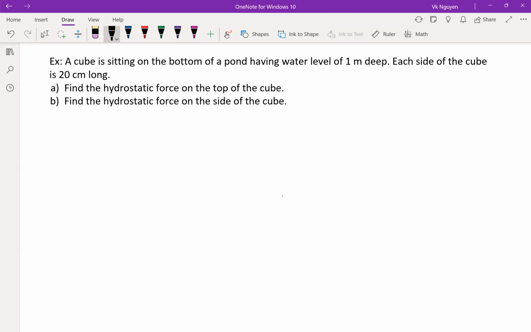Let's sketch it out. Right here's the water of the pond, and it is 1 meter deep. Down here we have a cube, which is only 20 centimeters, or 0.2 meter.